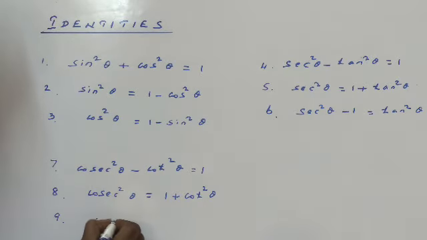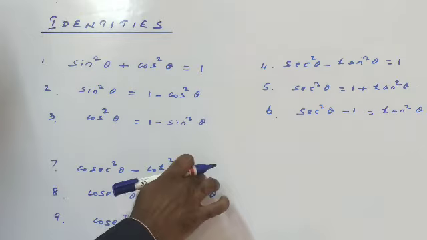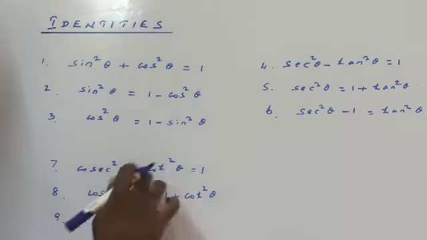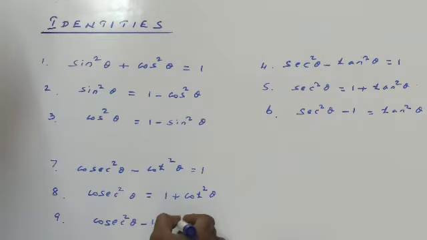Cosecant square theta, now bring the value 1 to the left side, it becomes minus 1 equal to cot square theta. Now we have 9 identities.